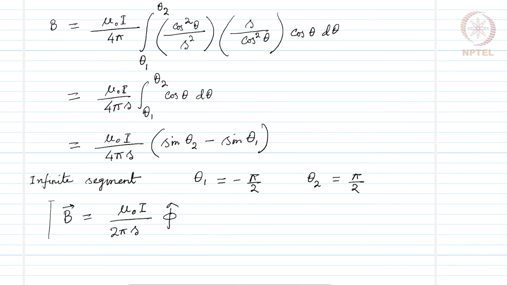So, this is the expression of the magnetic field for this system that we have calculated using the Biot-Savart law and integrating over the line element through which the current is passing.